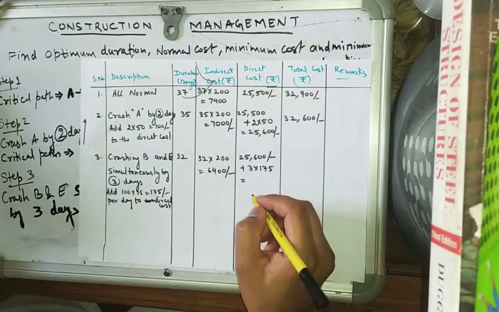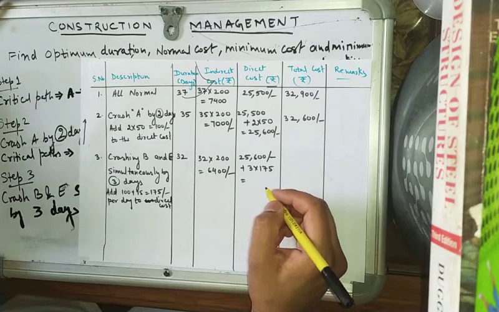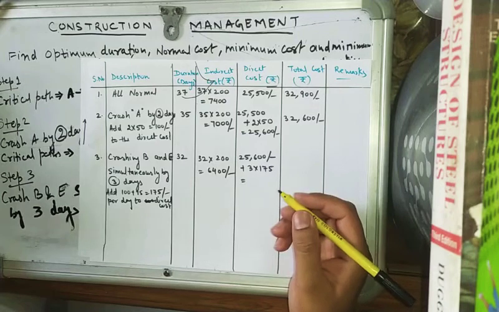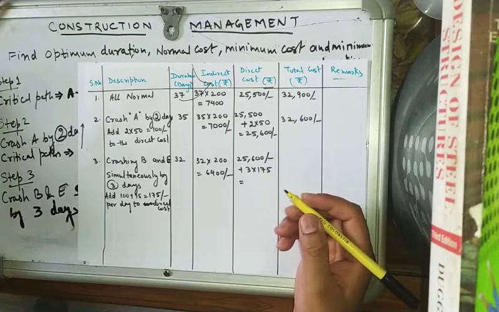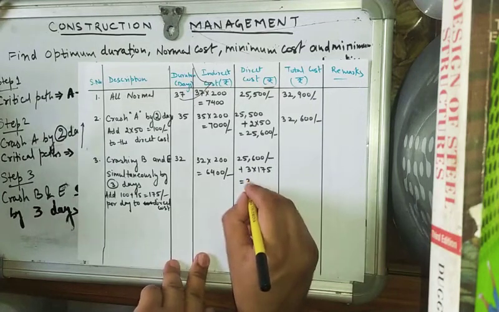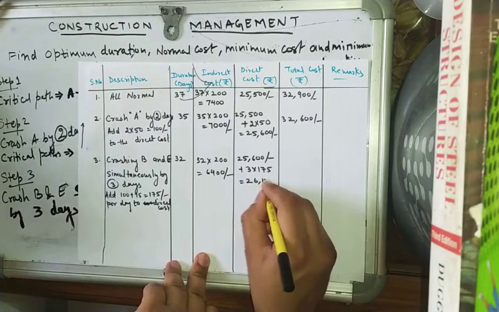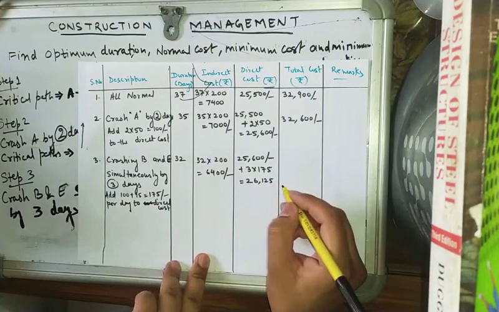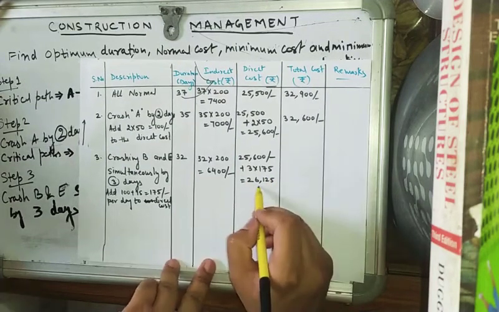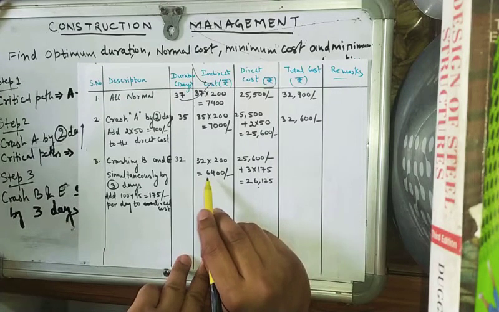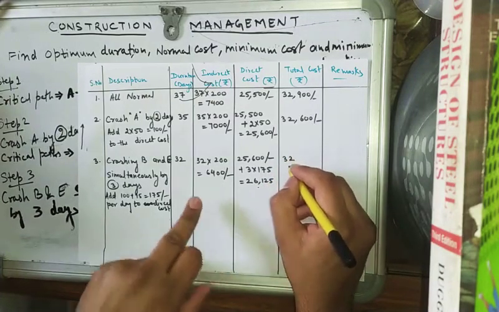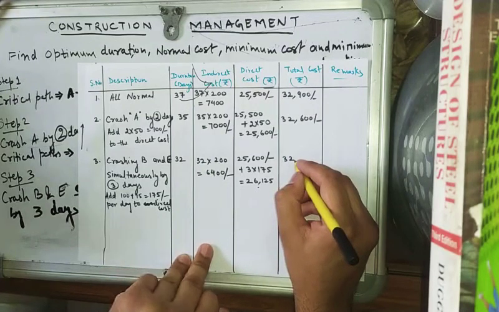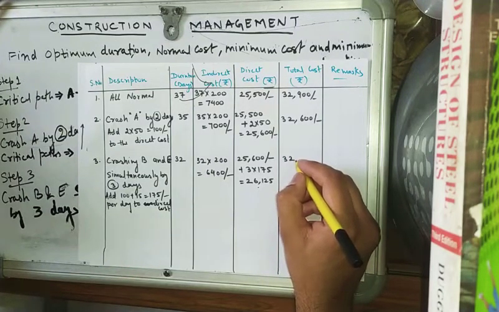This will be equal to 26,125. We'll add these two values, and total will be 32,525.